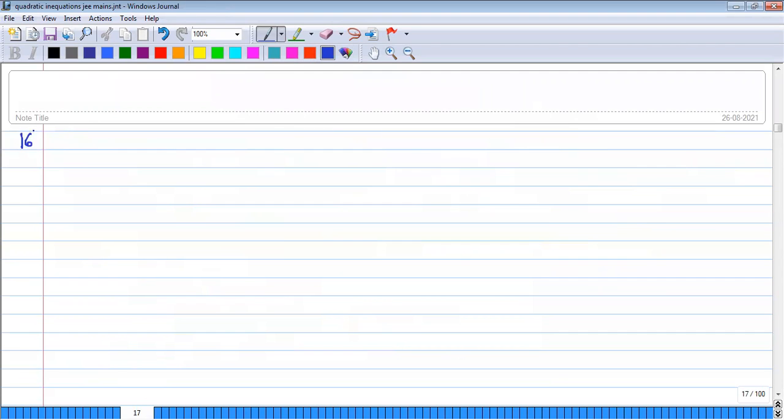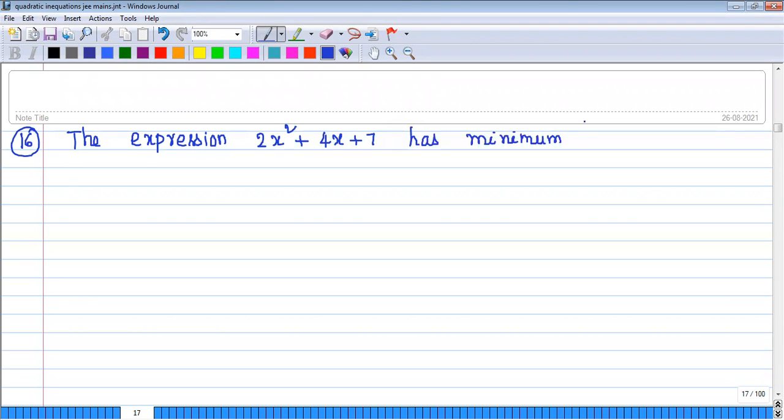Now the 16th question. The expression 2x square plus 4x plus 7 has minimum value m.